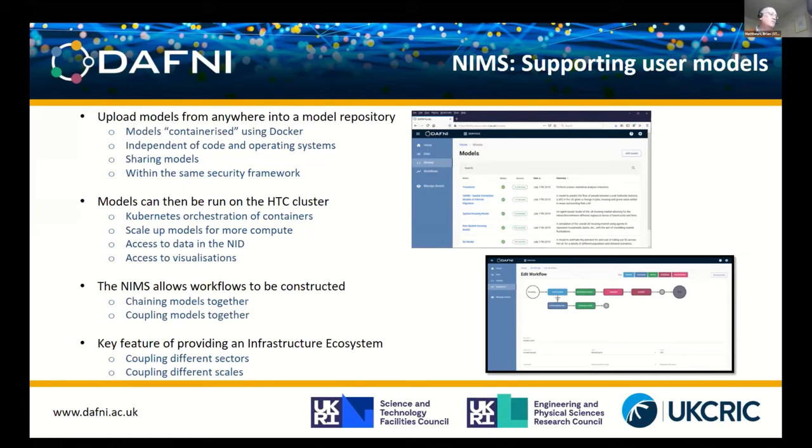And then, richer than that, we can use the capabilities of the NIMS to chain them together into workflows, a couple of which we'll see examples of later. So this allows us to address some of the key challenges that come from building this sort of integrated infrastructure ecosystem, coupling across different sectors and different scales.